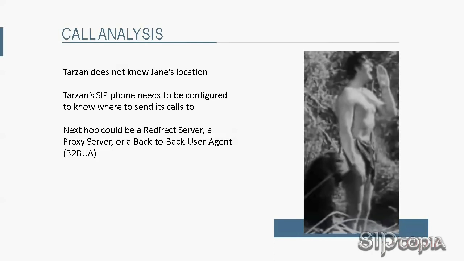With the same principle applied, Tarzan's SIP phone needs to be either manually or automatically configured to know where to send its calls to. The next hop in this scenario could be a redirect server, a proxy server, or a back-to-back user agent, among other things.